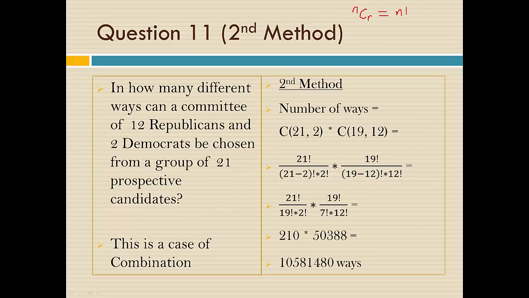N factorial over n minus R factorial times R factorial. Okay, so we have used the calculator, and showed how you can use the calculator to get that.